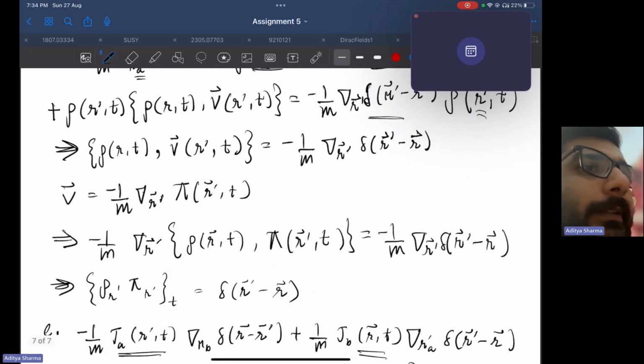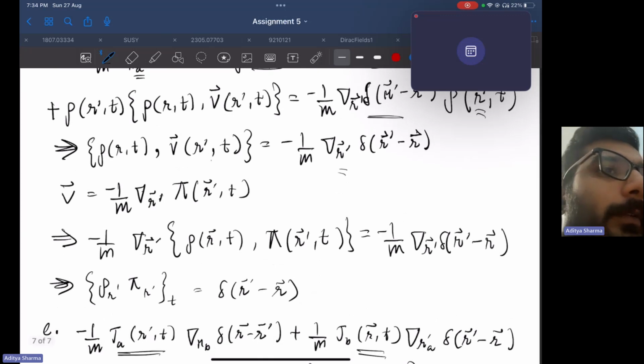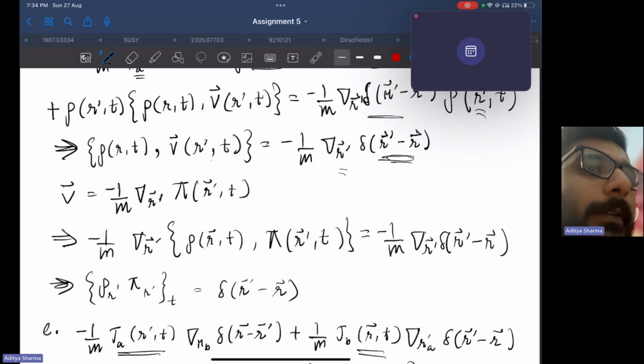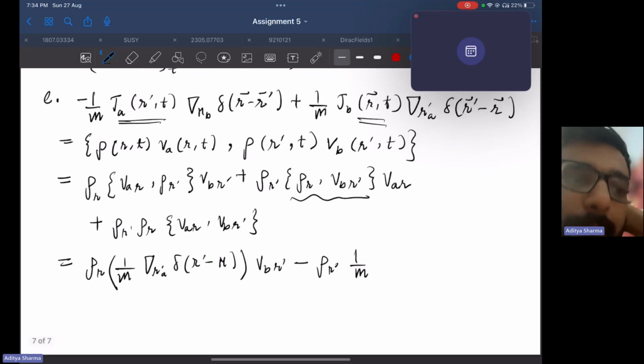When you interchange this, then the minus sign will go, and you're going to make suitable adjustments in this part also. That is what I'm doing here.